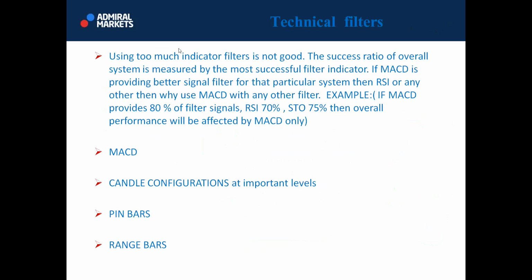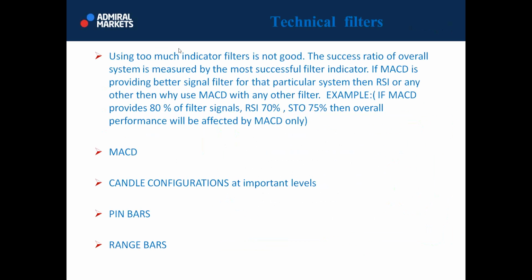So basically what I'm implying is the biggest success of technical filters is only for that particular filter's overall success ratio. So any other filters will be obsolete. You will not get better signals if RSI provides 70% and stochastic 75.